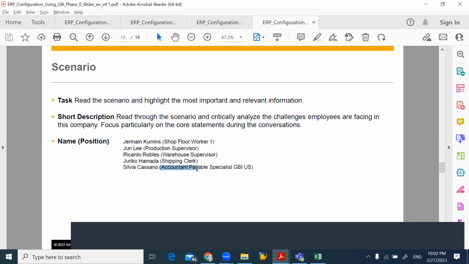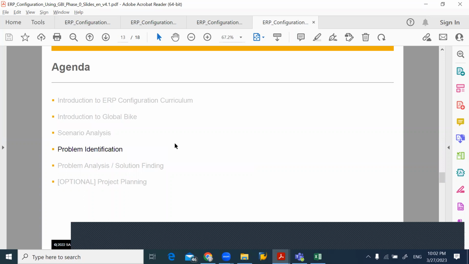So the accounting, sales, material management and production planning departments, 3-4 departments, are involved in that conversation. You have to understand and find the problems or challenges which employees are facing in that company, because the company doesn't actually have any ERP.